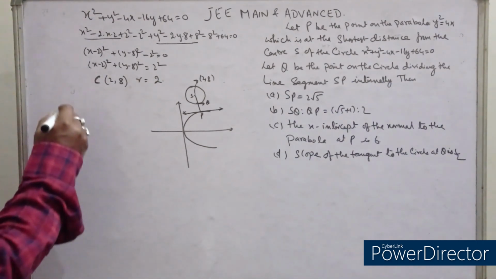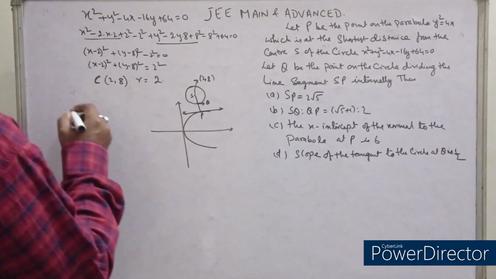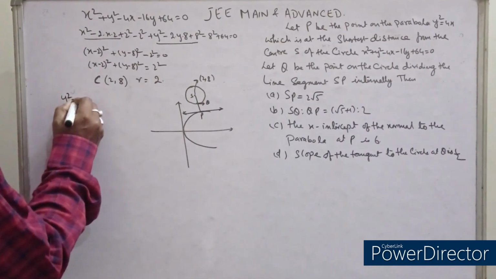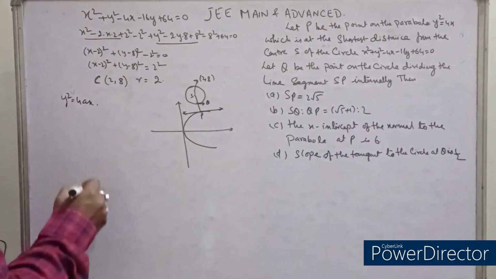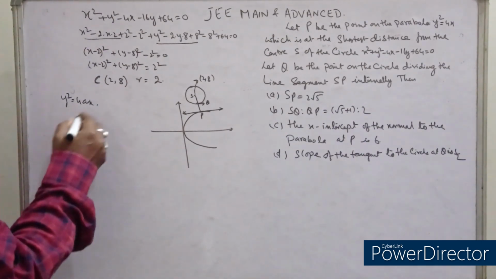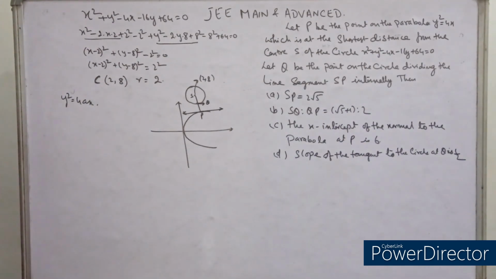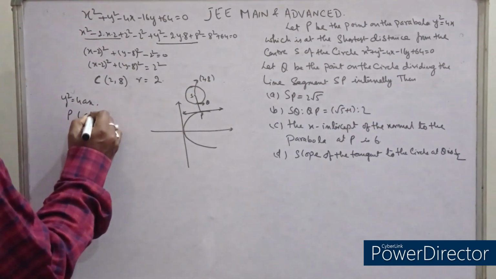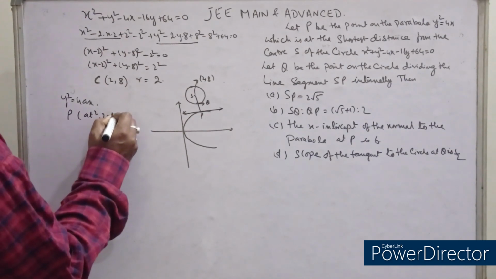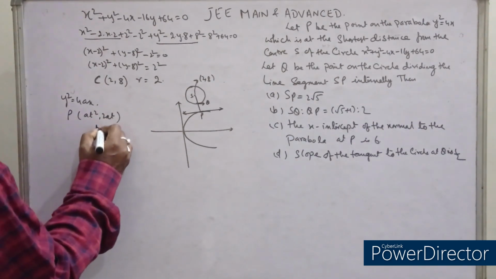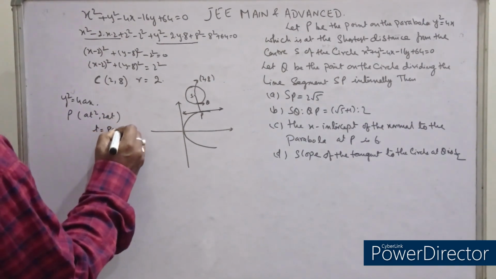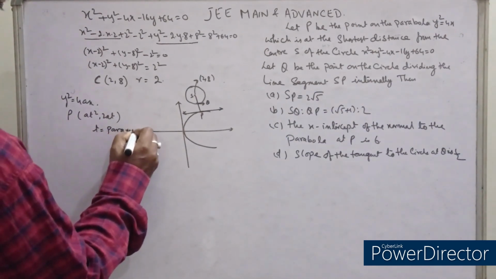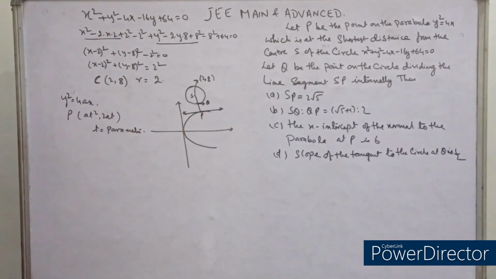And we know the theory that for the parabola y square is equal to 4ax, any point P is at square comma 2at, where t is the parameter. That is the parameter form.